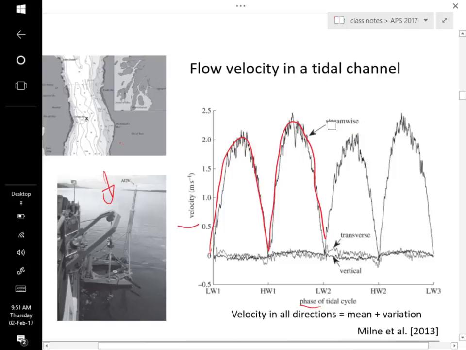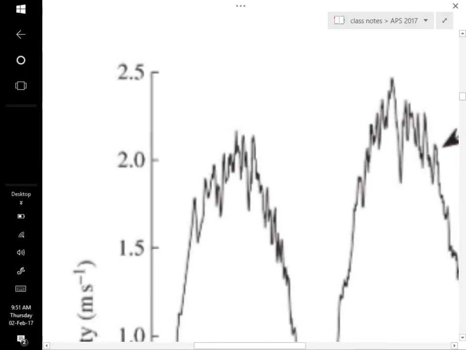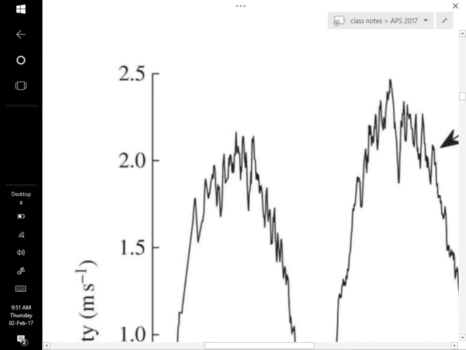Okay, so that gives you the big picture, but if you look at it in detail, you have more than just that. You've got this stuff going on here, and so you might think, well, it's just a low budget instrument, just a noisy instrument, and I can just average that out and get the result I want. And maybe so, but in this case, this is a precision instrument made with high resolution, and these measurements are real.